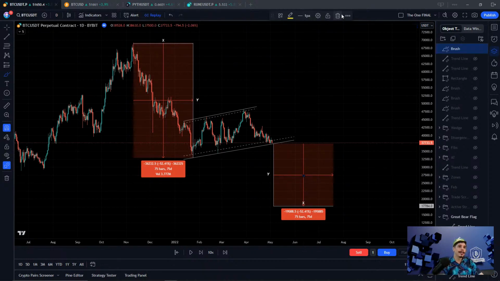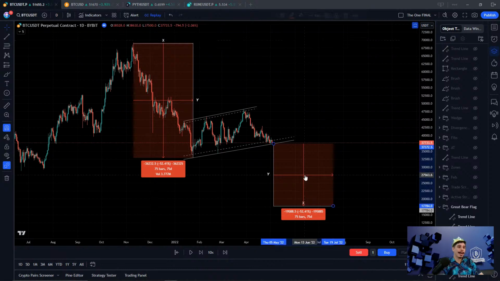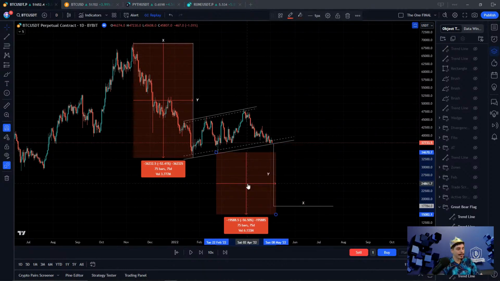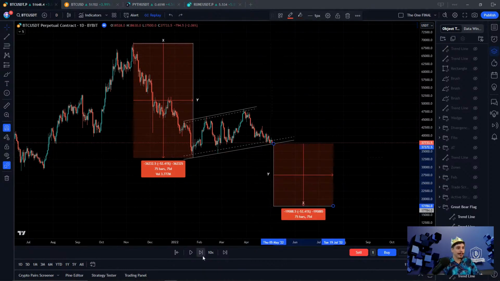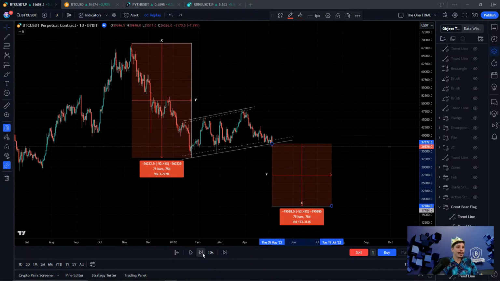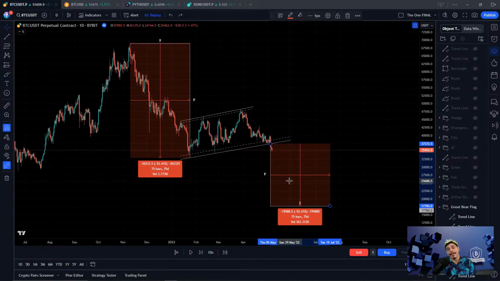The break could have occurred back here, and we would have to measure from there. But in this instance, the break occurs right here. So where the break comes from, that's where we have to measure. Once we get the break, we can project those same measurements, X and Y, to give ourselves a projection of where price is going to stray.